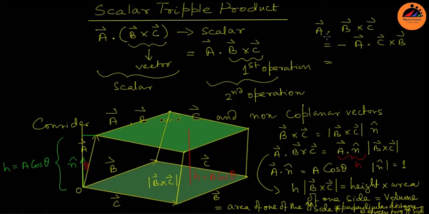But if you change the dot and cross, this will give the same thing. I'll show you. A cross B dot C. You don't need to place a bracket, because automatically you have to operate the cross first, else it will not give any meaning. And this is also cyclically true.